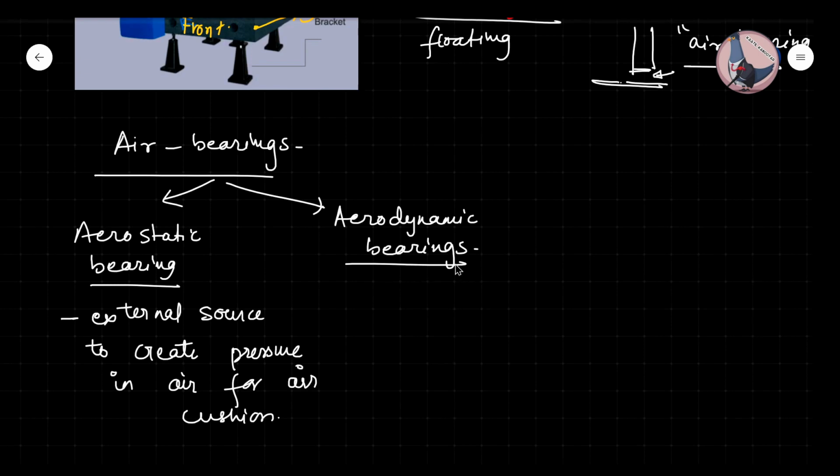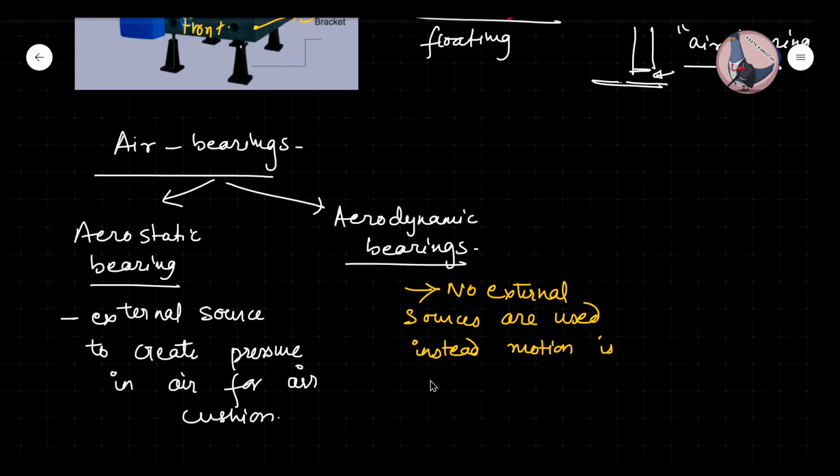And then the second type, there is the aerodynamic bearing. In this, no external sources are used. Instead, motion is used to pressurize the enclosed fluid, and this fluid is your air.